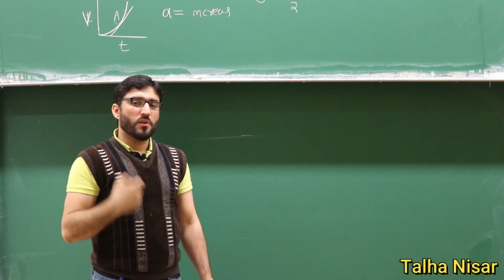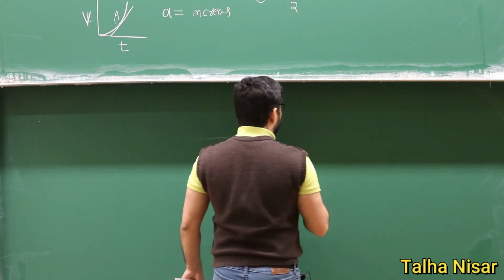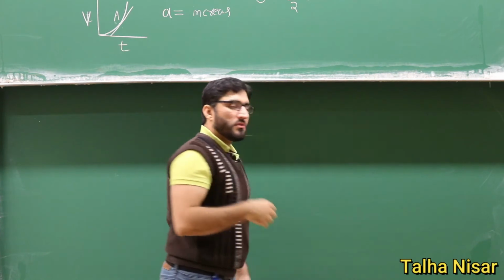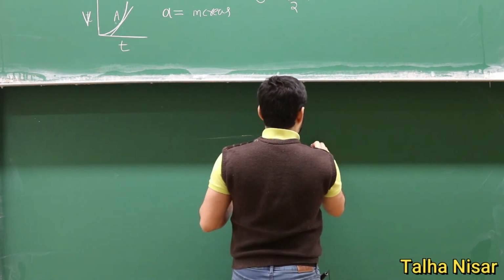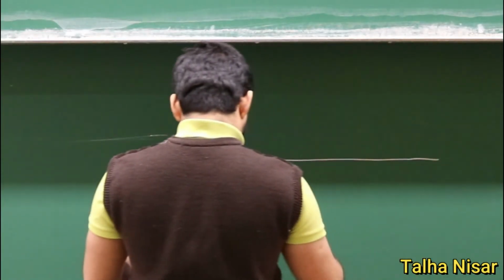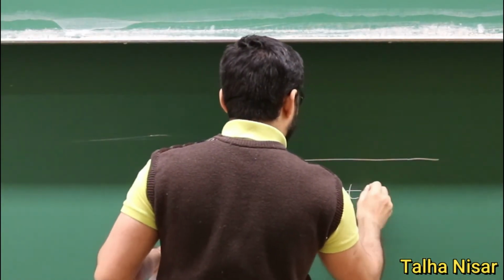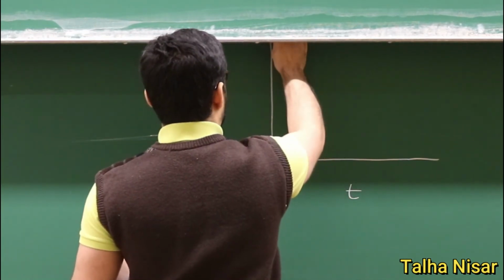And now we will take an example in which we will try to understand the concept of velocity and the concept of acceleration that we just discussed. In this example, this is the time axis, in seconds, and this is the velocity.